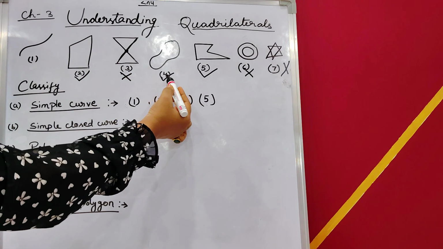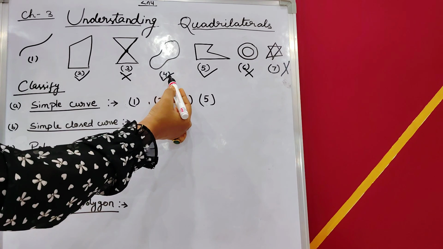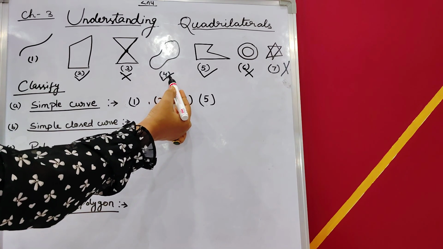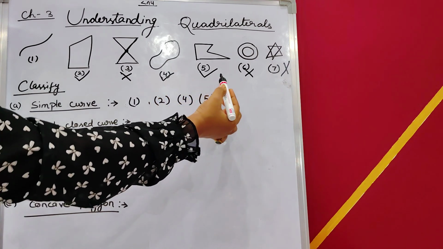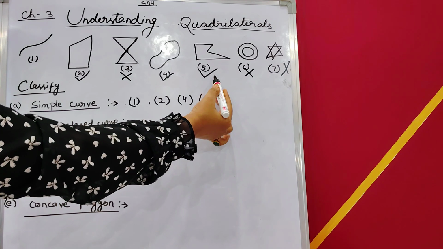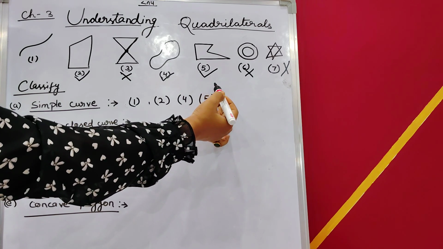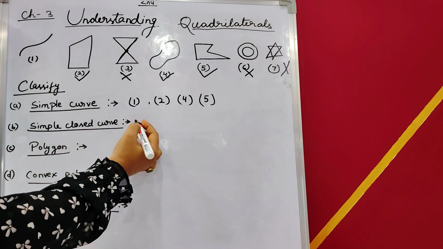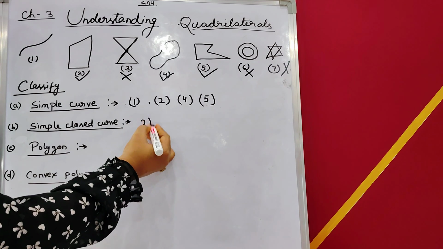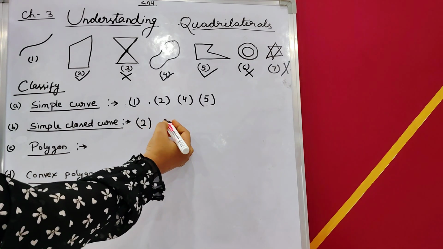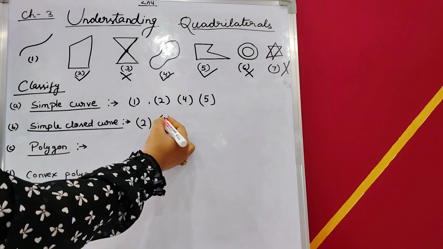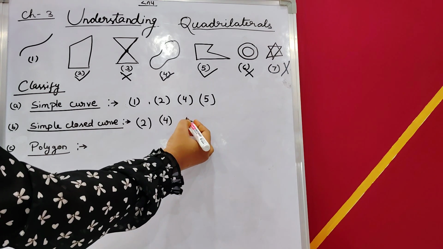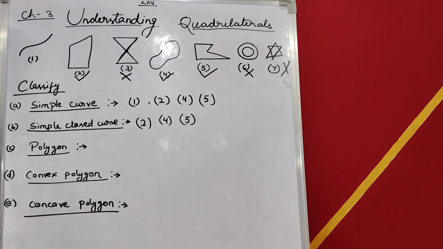This one is a simple closed curve. Yes, this is also a simple closed curve, and this one is also a simple closed curve. So the answer is: second is a simple closed curve, fourth is a simple closed curve, and fifth is also a simple closed curve.